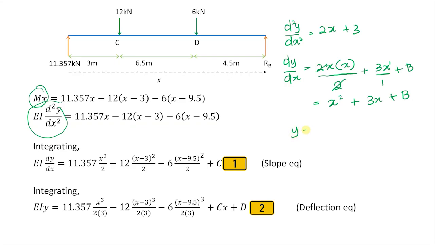And then I can integrate another time. Here I have x squared, so it becomes x cubed, and you divide by 3. Plus 3x, multiplied by x, becomes x squared divided by 2, because x times x is x squared, so the 2 goes below. Plus bx, because you multiply by x too; since it is power 1, divided by 1, nothing changes. And then plus another unknown, because every time you integrate there will be one unknown.